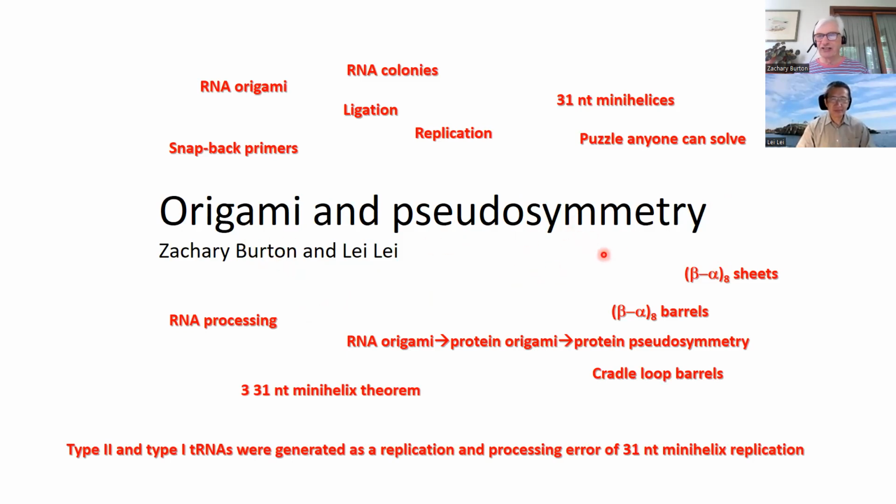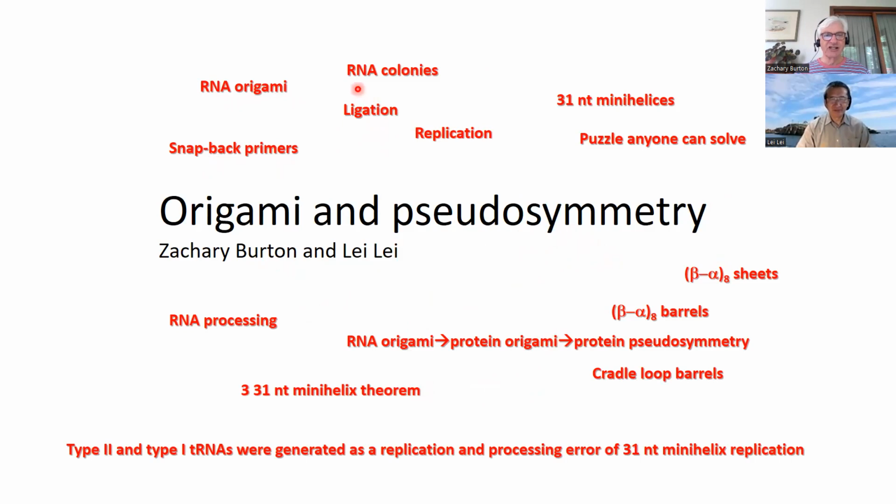What I want you to take away from this, these are the subliminal messages that I want to sear into your brain. RNA origami and pseudosymmetry, snapback primers, ligation is important in the ancient world.